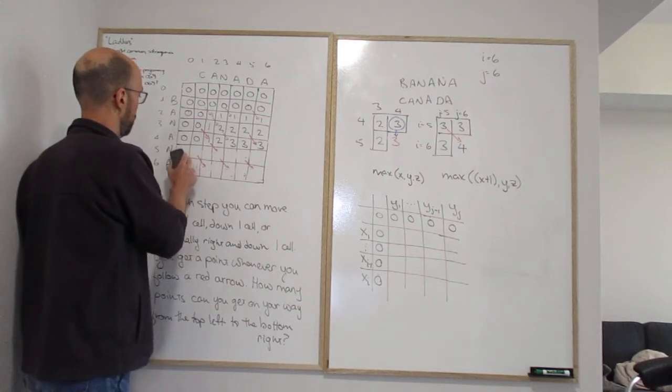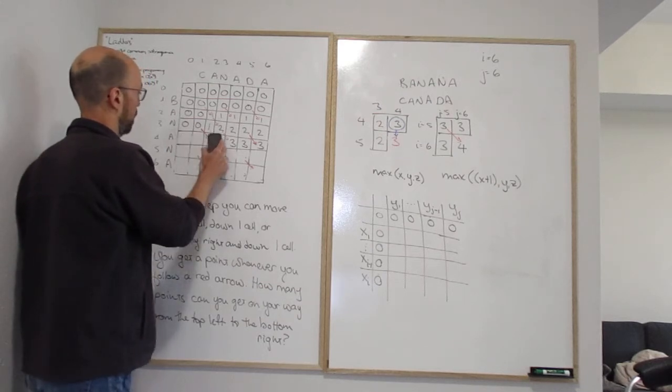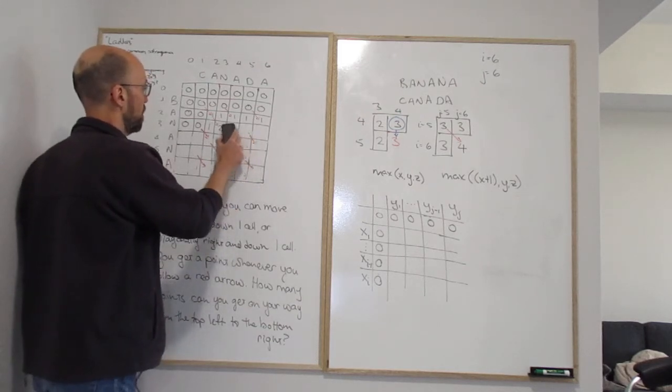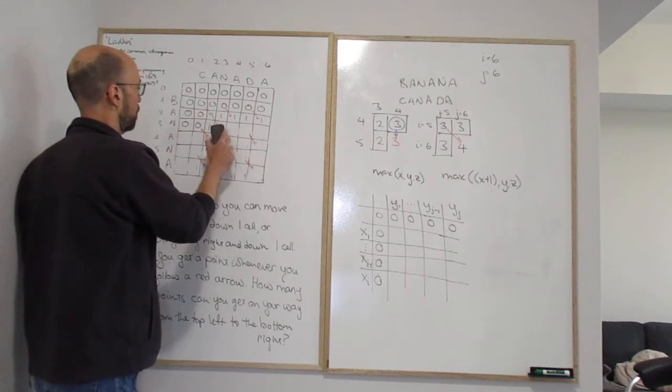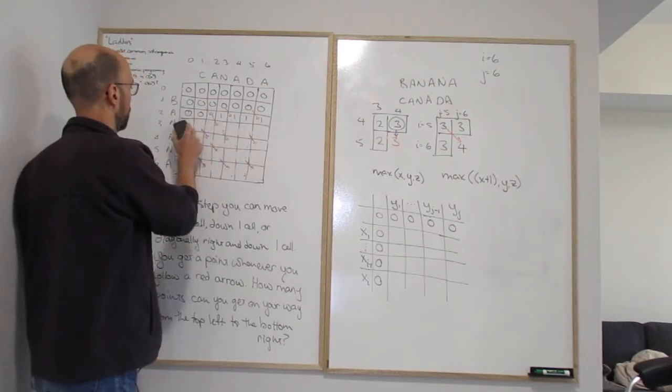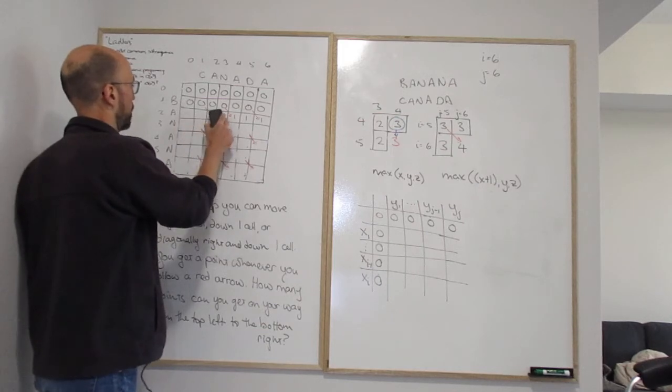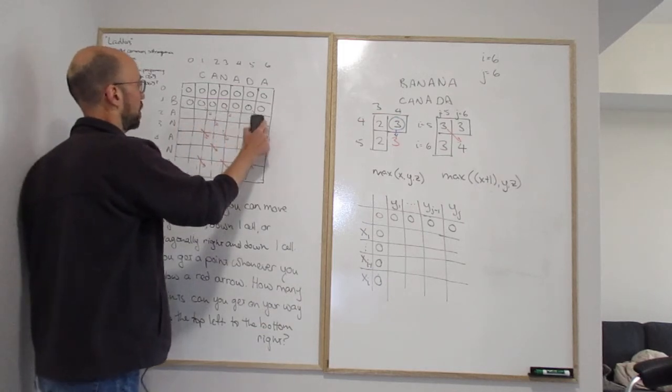You can be thinking of questions while I erase everything. What changes is, with longest common subsequence, I'm gaining a point every time I cross a red bridge.